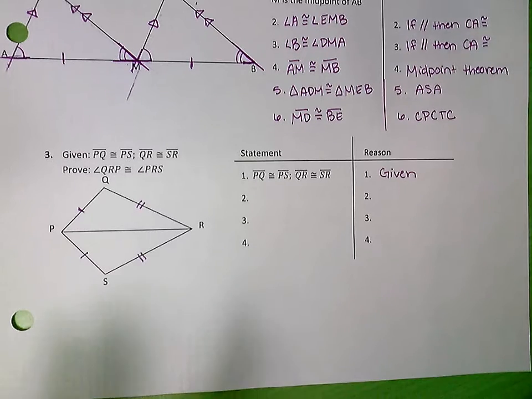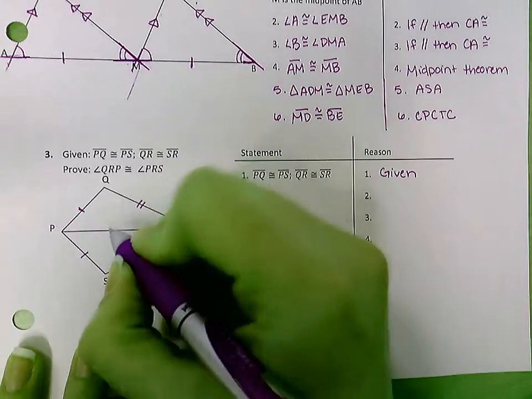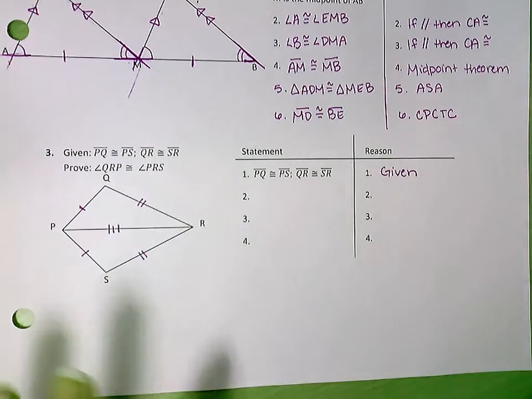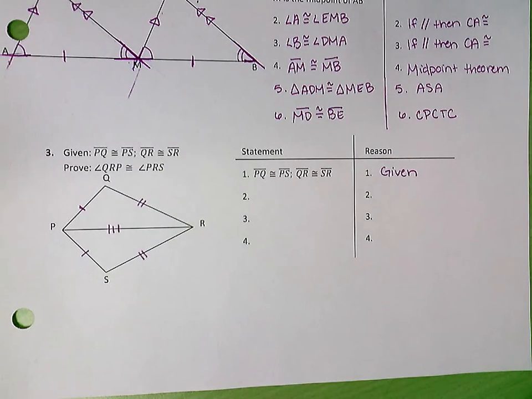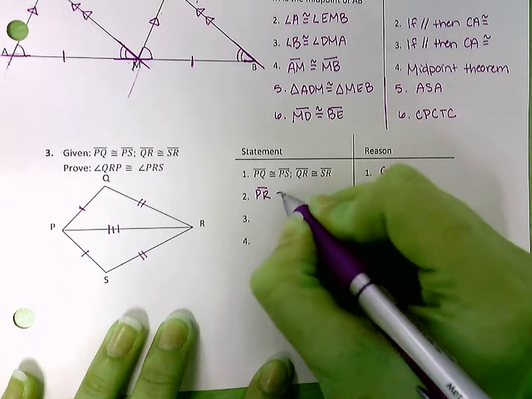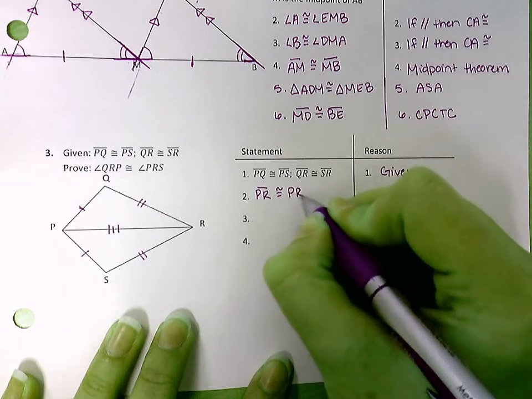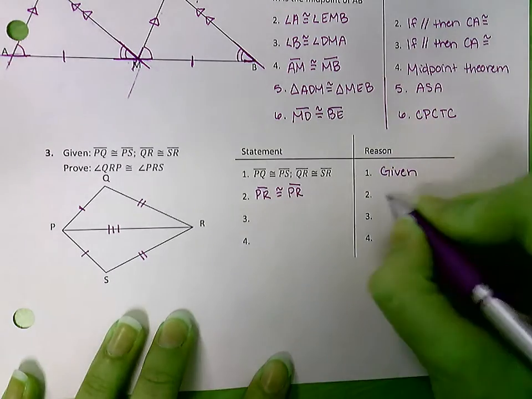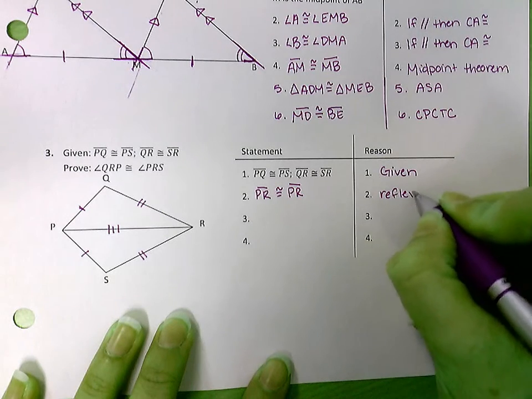Now I can't use either of those two pieces to prove any triangles congruent or any angles congruent. So what I want to do is look at my picture, and most people got this. In your picture, you have a shared side for those two triangles. Since I labeled that, I do need to write it as a statement. So PR would be congruent to PR, and that would be the reflexive property.